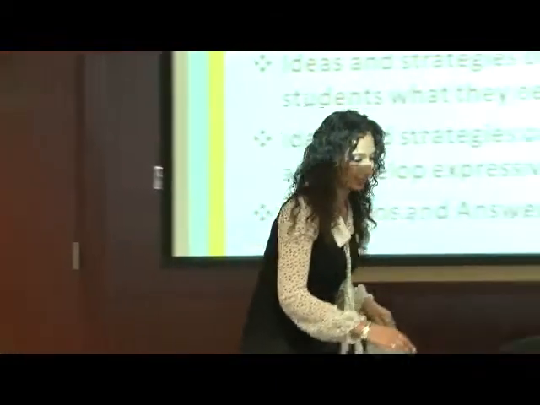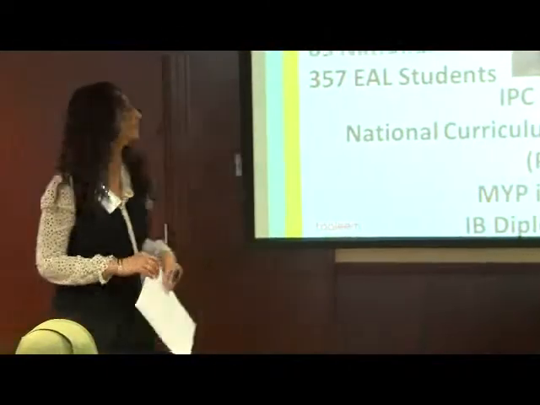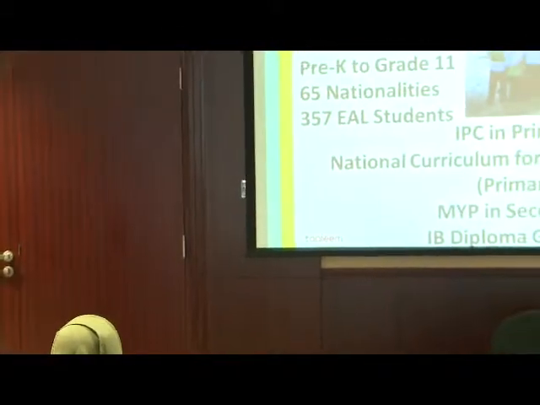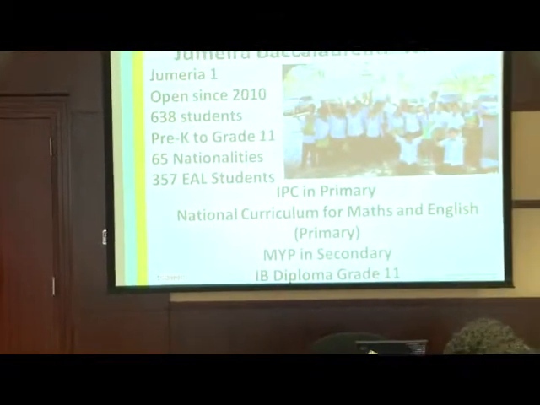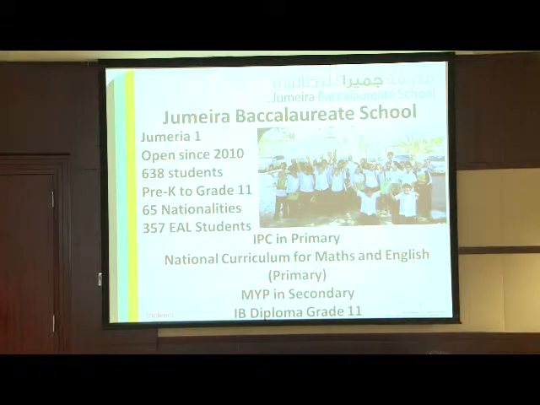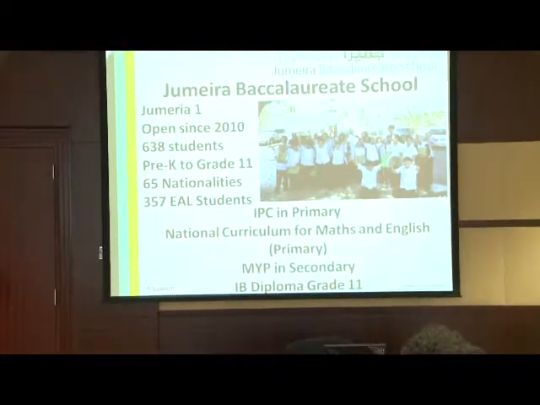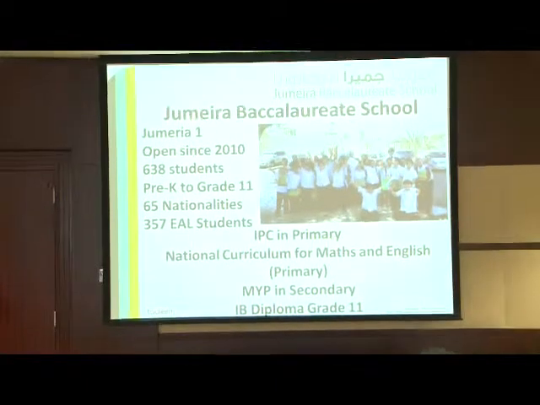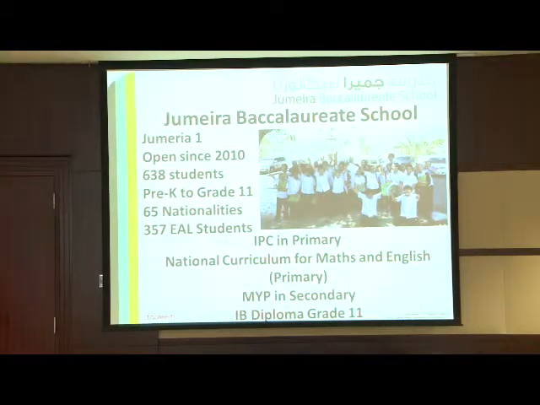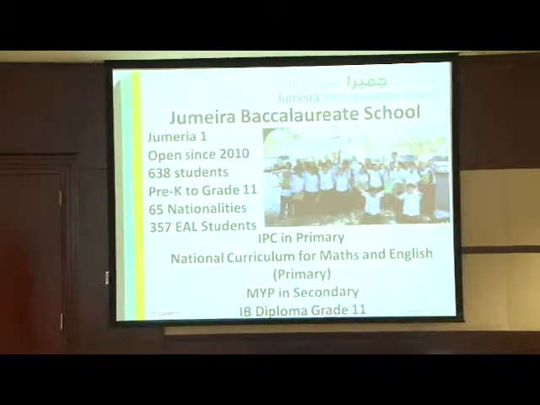So let's get started. Our school context: we've only been open since 2010, so we're a very new school. We're just under 2.5 years old. We've got 638 students, and we range from pre-K, which is age 3, to grade 11, which is age 18. 65 different nationalities, 357 EAL students.